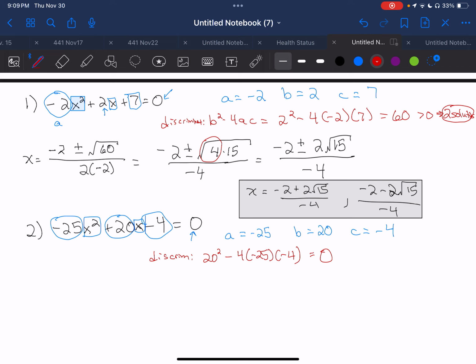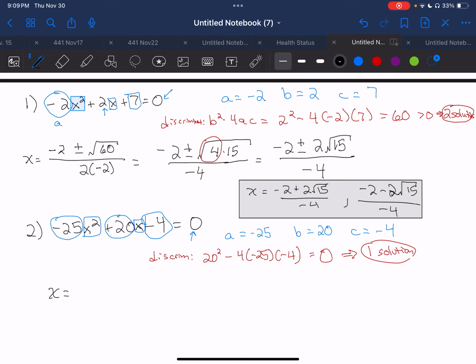0, what does that mean? That means when I add 0 and subtract 0, I get the same answer. So I'm going to get one solution. But we still need to figure out what it is. So let's write here, this implies one solution. What is it?